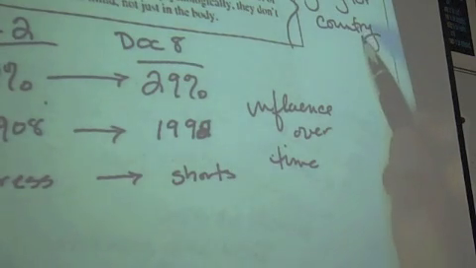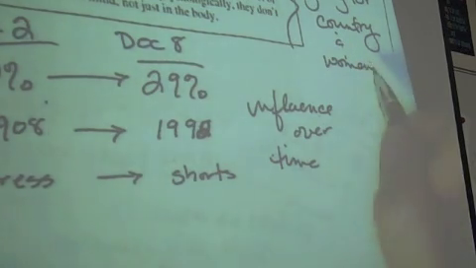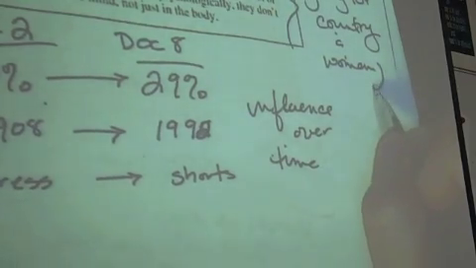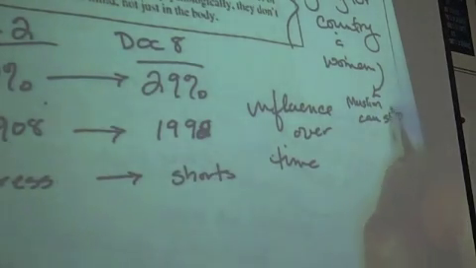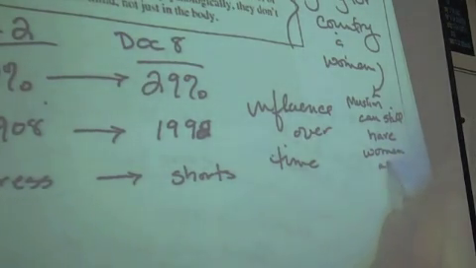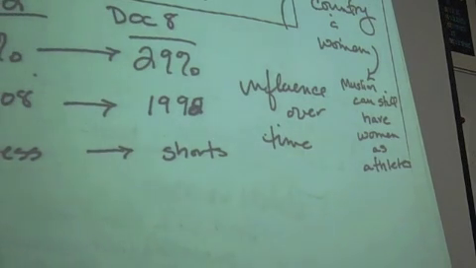And it's glory for country and women in this country that's Muslim, right? She might be inferring it also to all women, but most of them because they're the ones with the critics. Even if you're Muslim, you can still have women as athletes.